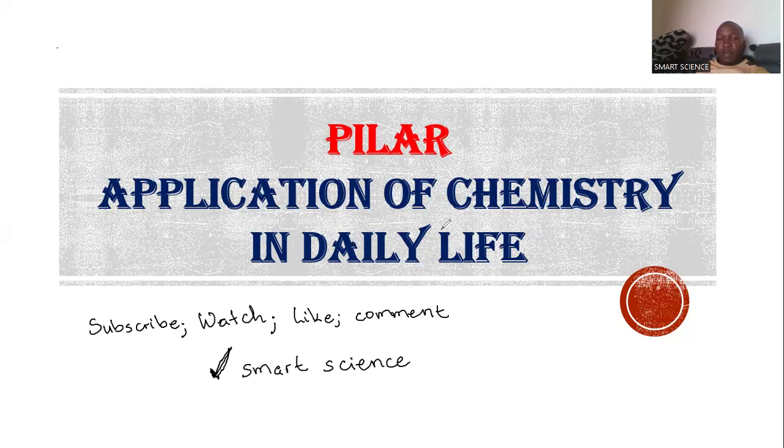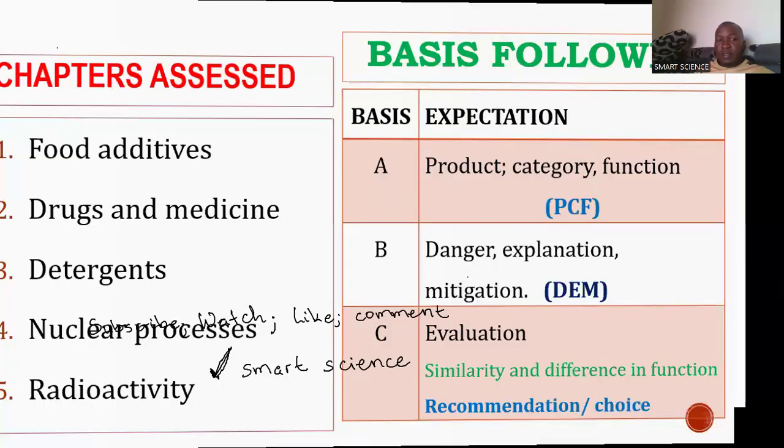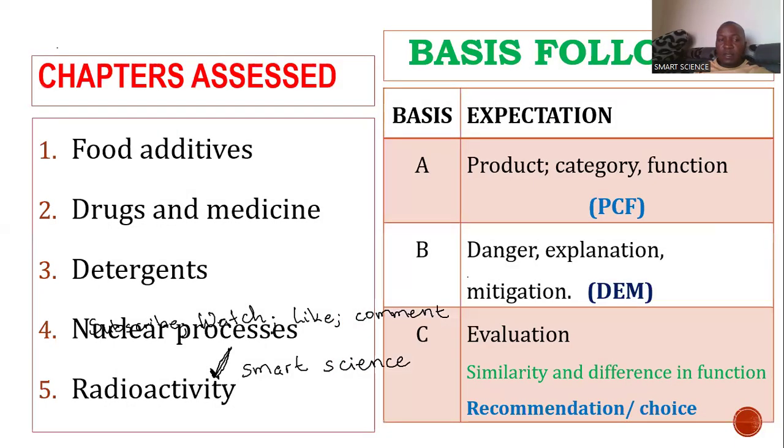In this pillar, we look at a case in point where we handle things like food additives. We also handle drugs. We handle things like nuclear processes, medicine, among others.